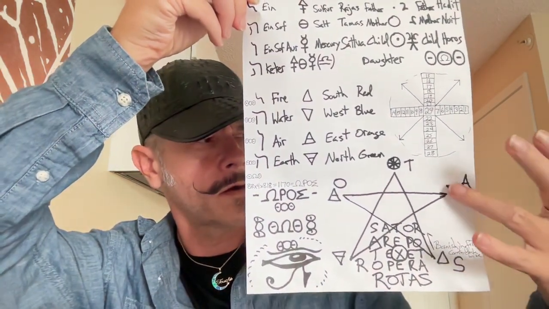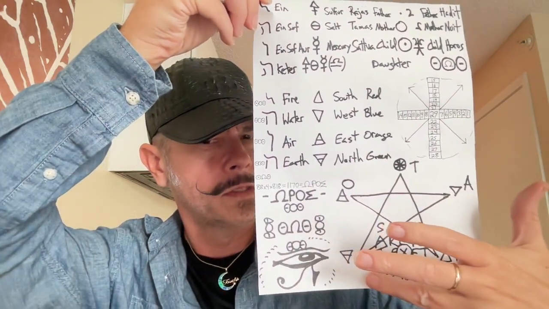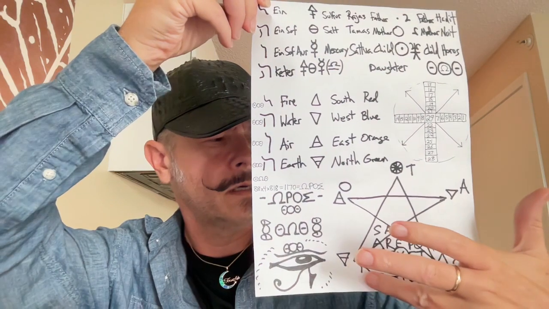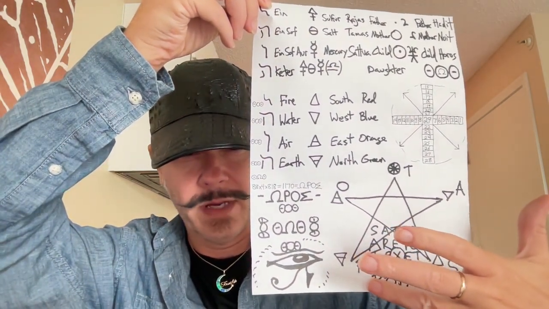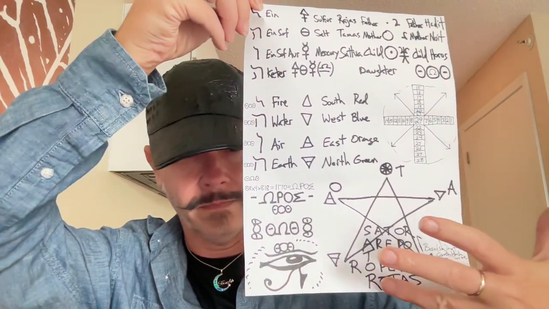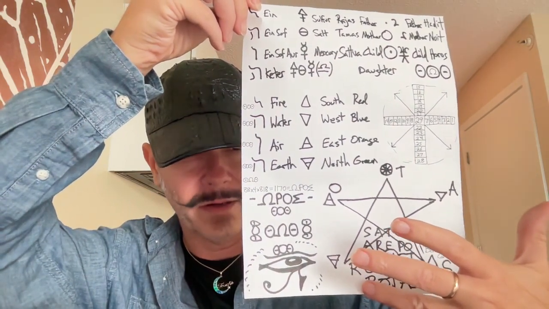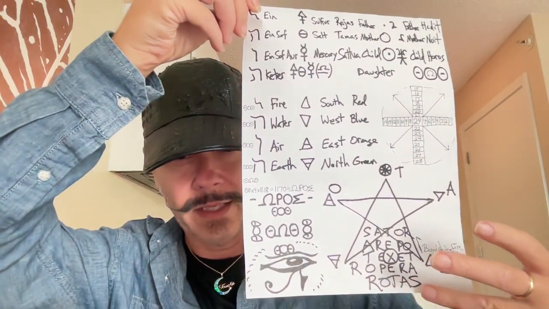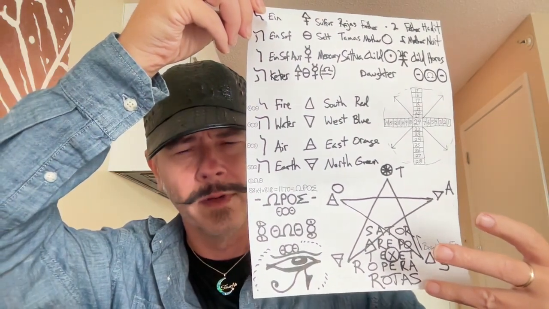It goes fire, air, water, earth. So it ends with the left arm of the pentagram being earth. So you have the bottom left arm of the pentagram being earth. Let's start here.